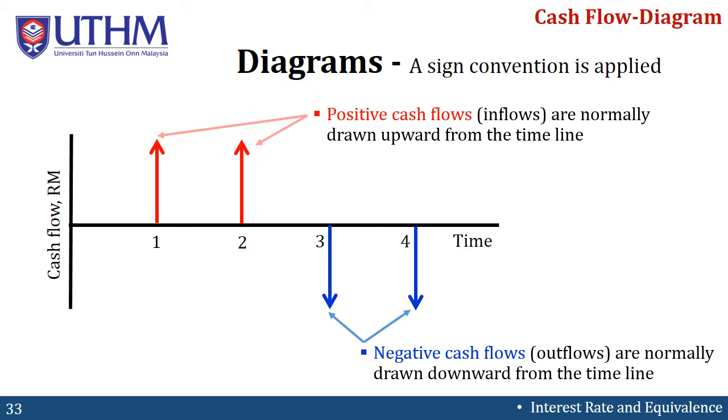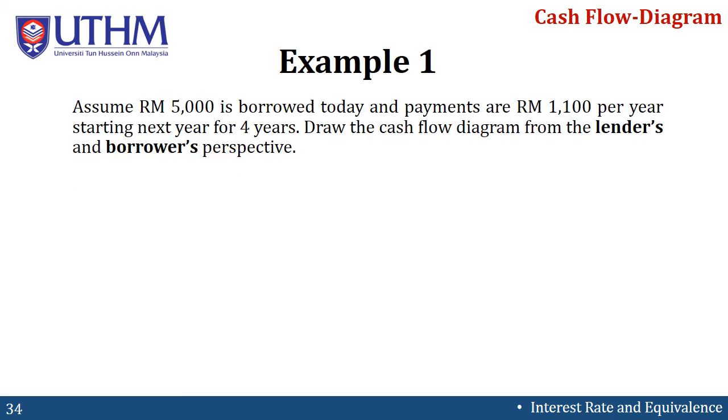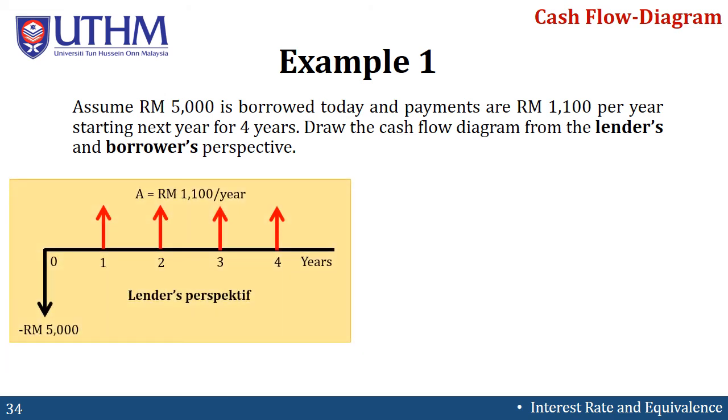So let's go to the example and see if you understand how to draw it. For example 1, assume that RM5,000 is borrowed today and the payments are 1,100 per year starting the next year for 4 years. Draw the cash flow diagram from the lender's and borrower's perspective. From the lender's perspective, it's like this. This at 0 is the time you borrow.